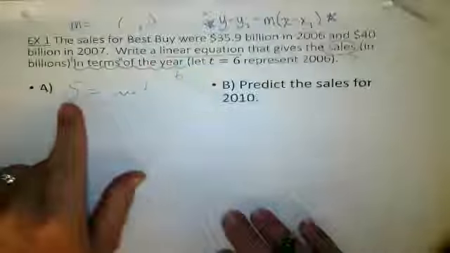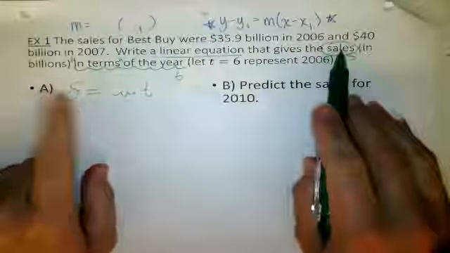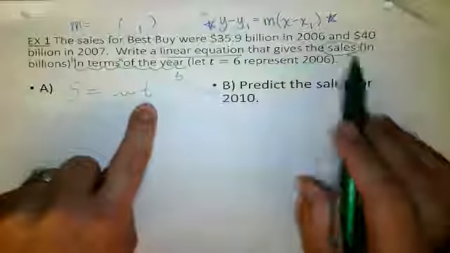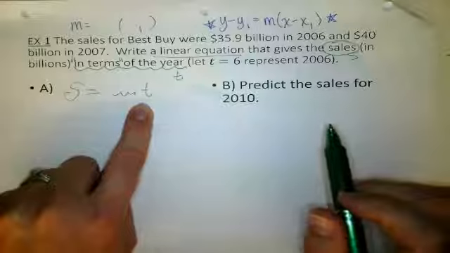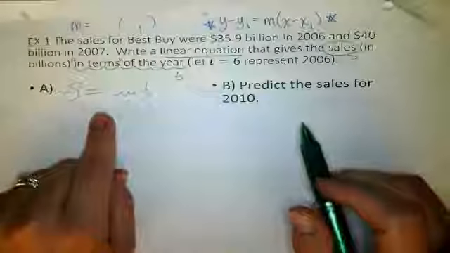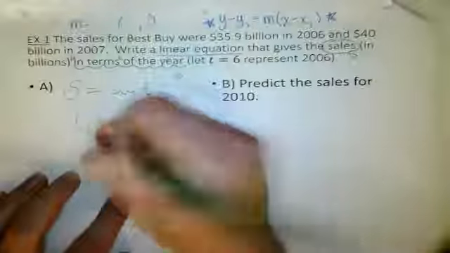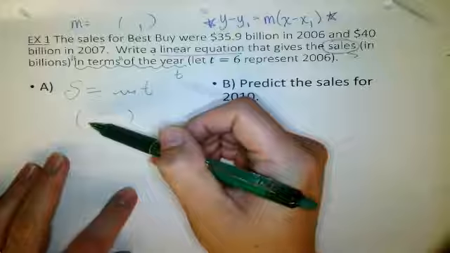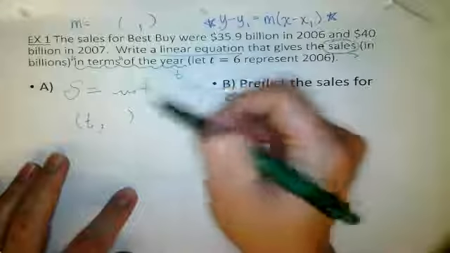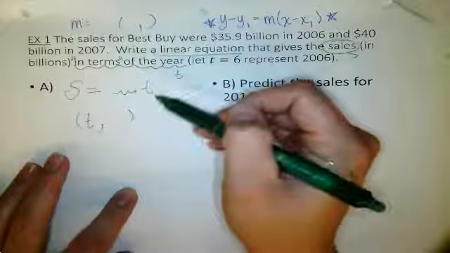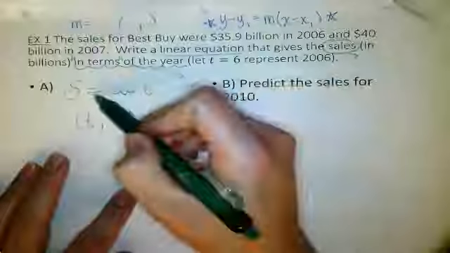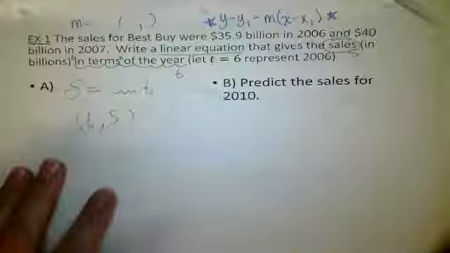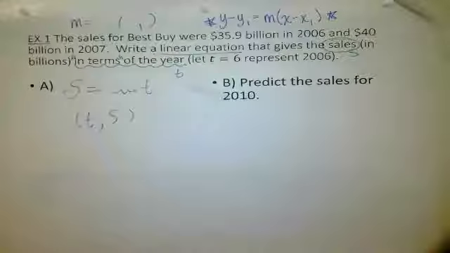When I read, I want an equation that gives sales in terms of the year t, this is really helpful, because by the location of that information, I can figure out how my ordered pair should look. What's the independent variable? t. Normally it's an x. And it's equal to s, meaning s is the dependent variable. It's really important that you get those in the right order.